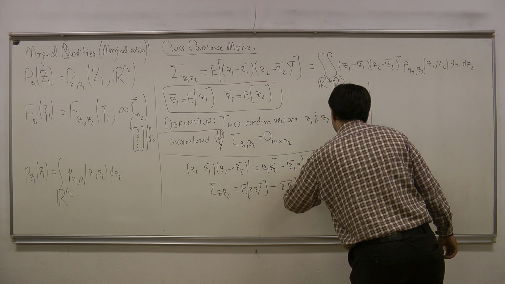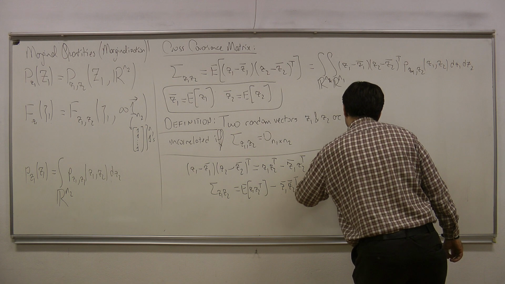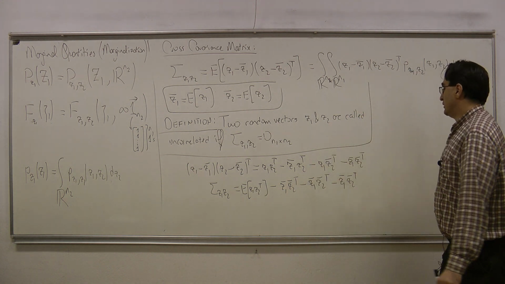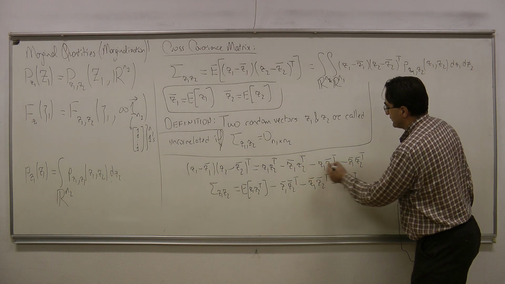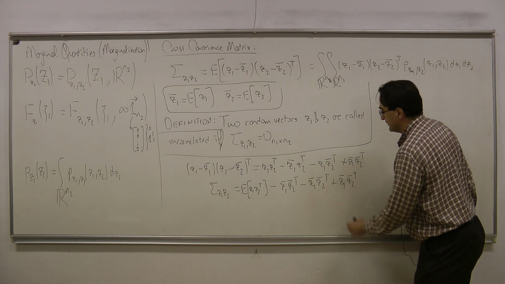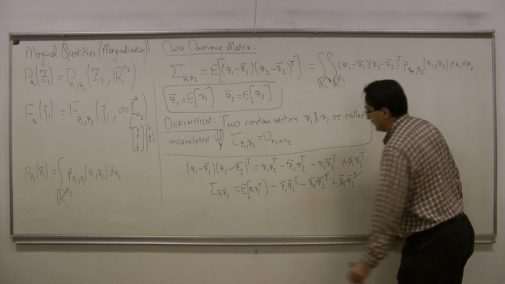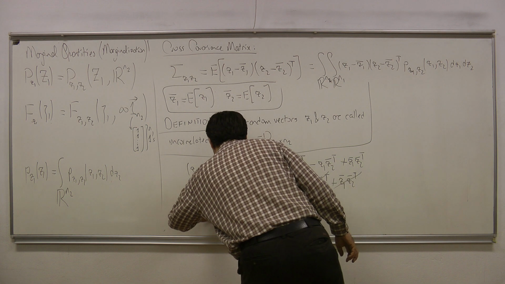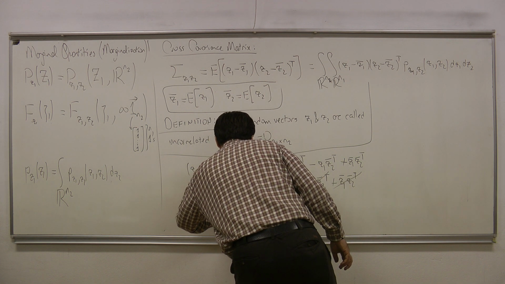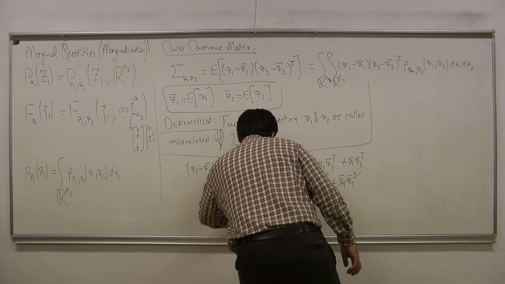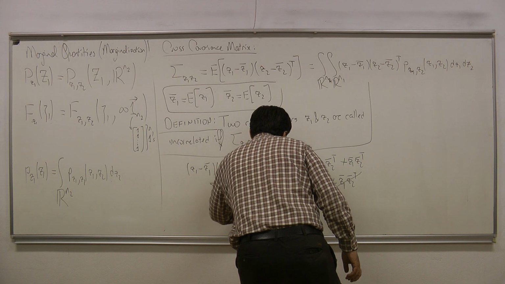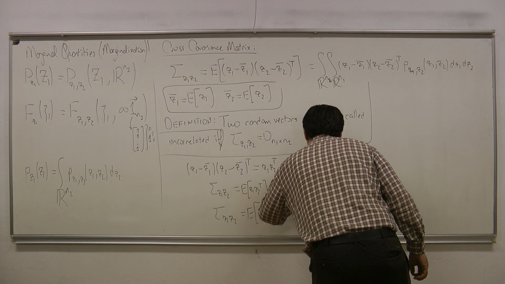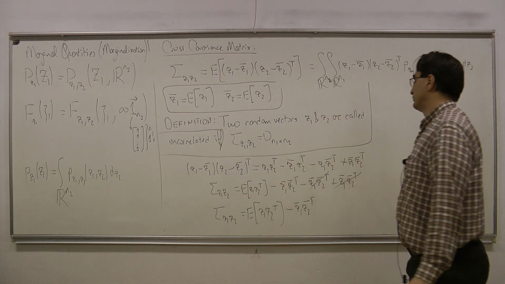So I have Z1 bar Z2 bar transpose, minus Z1 bar Z2 bar transpose. Here there is a mistake, this has to be a plus sign. And these terms cancel, as you see. So the cross-covariance matrix sigma Z1 Z2 is the expectation of Z1 Z2 transpose minus Z1 bar Z2 bar transpose. Okay?